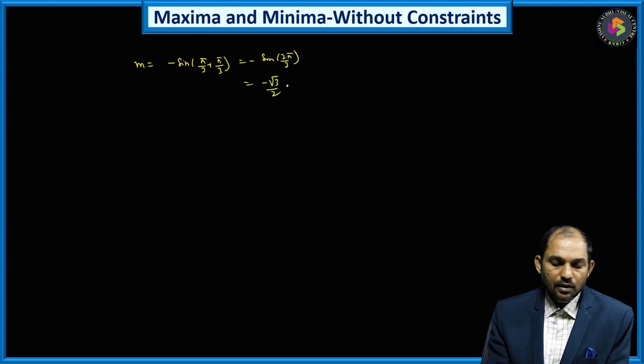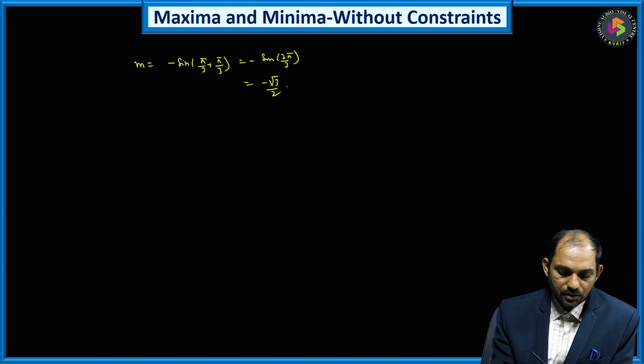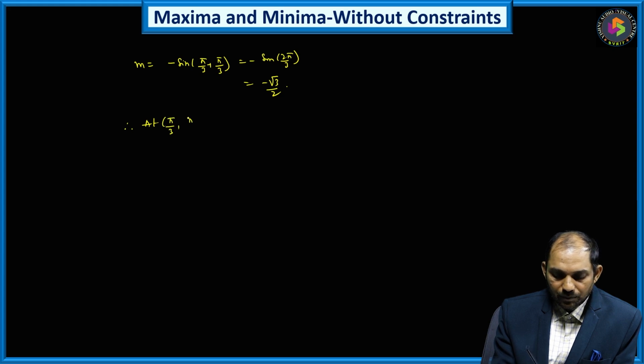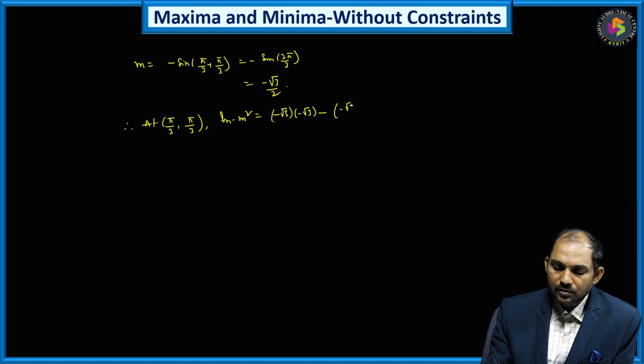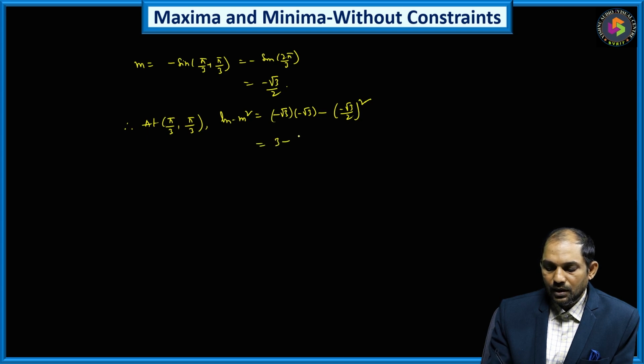After computing all the L, n and m values at the stationary point, now we have to check at pi by 3 comma pi by 3. Ln minus m square is equal to minus root 3 times minus root 3 minus minus root 3 by 2 whole square, and this is 3 minus 3 by 4.